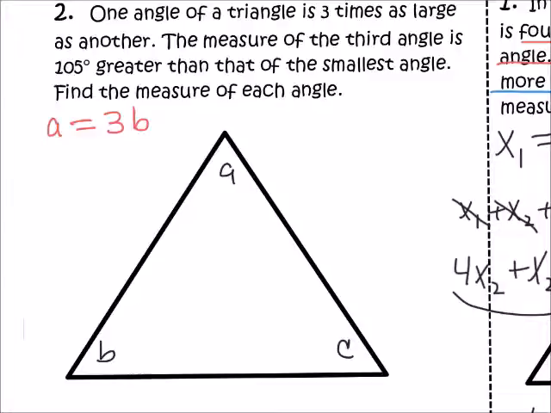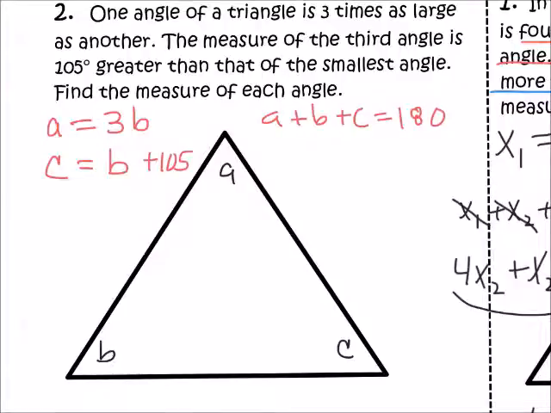Then it says the measure of the third angle, which we haven't used yet, is C. C is 105 degrees greater than, which means we're going to add 105, that of the smallest angle. Well, A equals 3B, so B has to be smaller than A, so we need to put B right there. So A equals 3B, C equals B plus 105, and we also know that A plus B plus C equals 180 degrees, because that is true for the triangle.